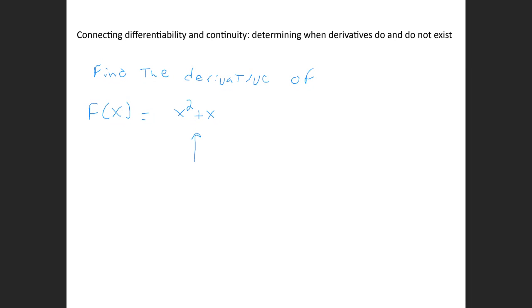What does the derivative give us? It gives us an equation that gives us a slope at any given point. So I want you to find f prime of x. And remember, you're going to use this formula: the limit as h approaches 0 of f of x plus h minus f of x all over h.